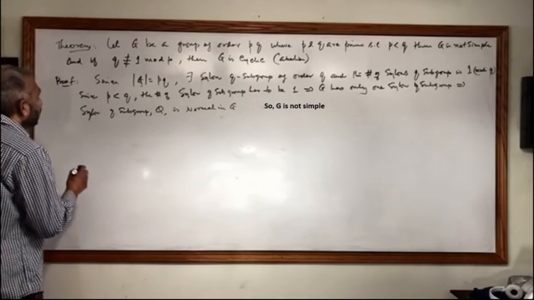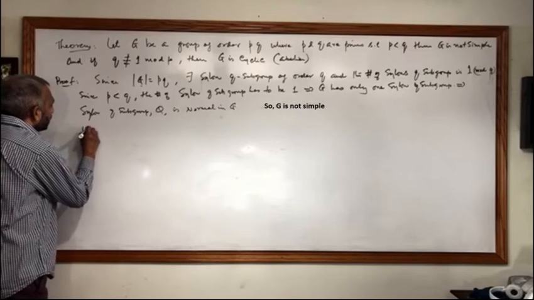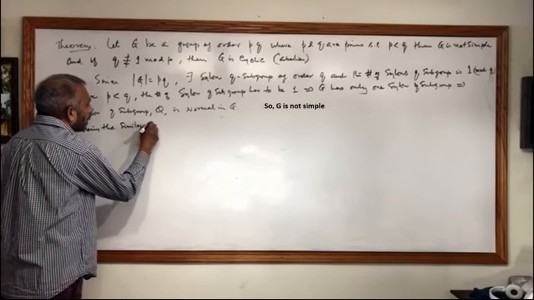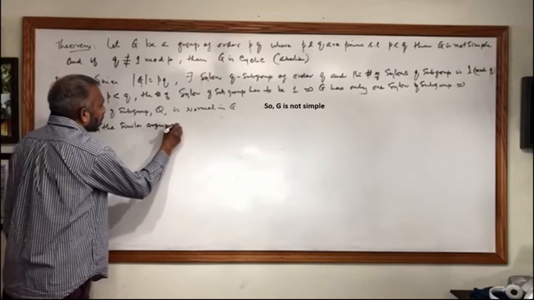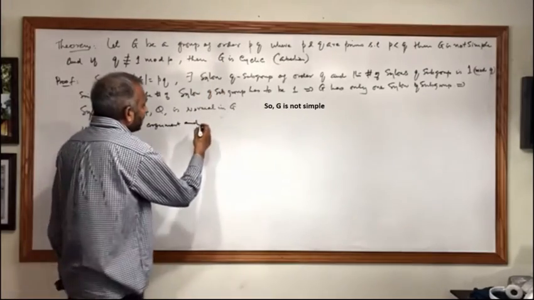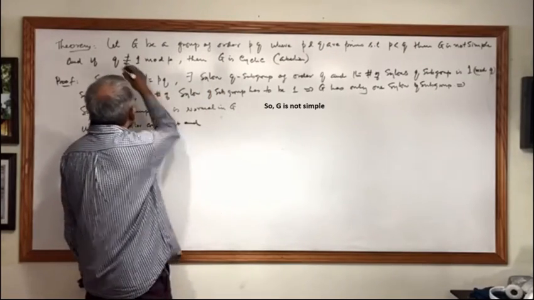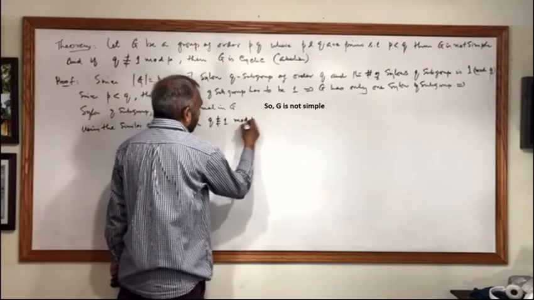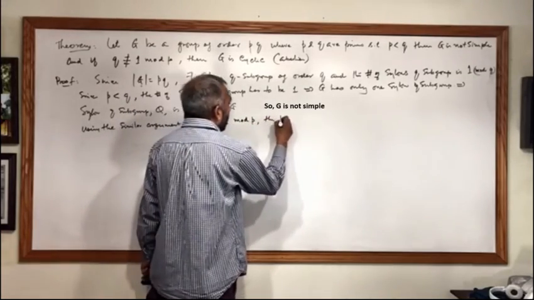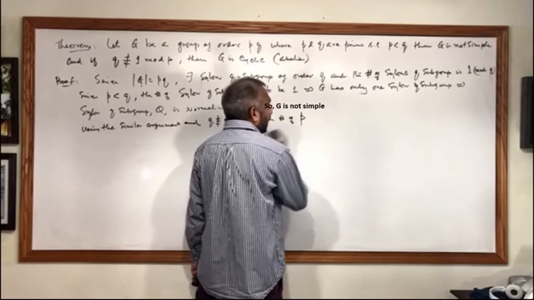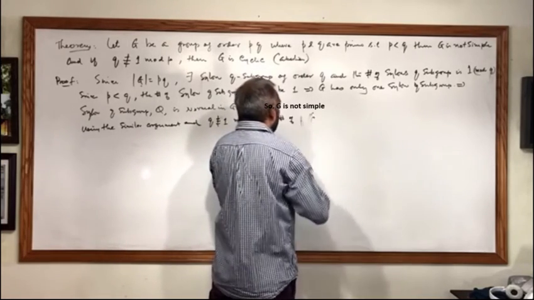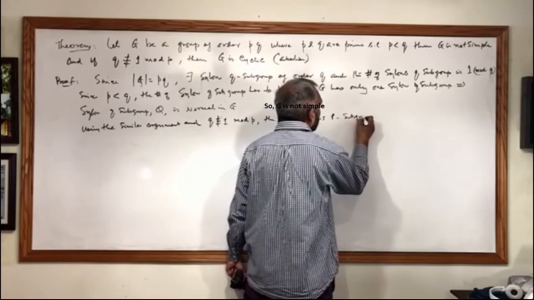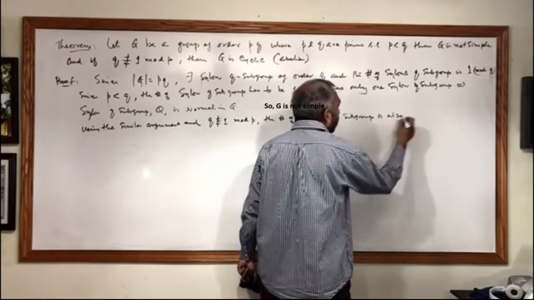Now, using a similar argument, and it is given that Q is not congruent to 1 mod P, the number of Sylow P subgroups is also 1.